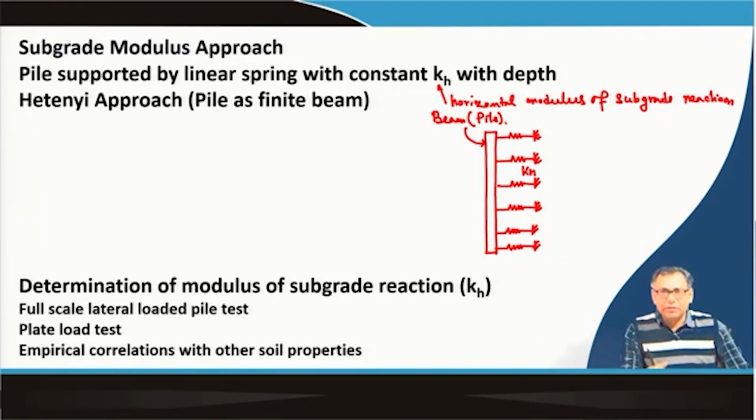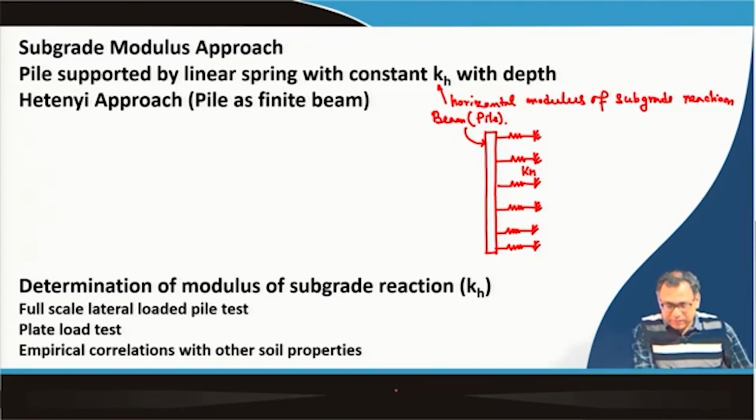Later on I will explain when a beam is called a long beam or a short beam, because I have already given that during my presentation on shallow foundation, but I will also give how the pile will be treated as a long pile or a short pile. Based on that we have to consider it as a finite beam or a semi infinite beam.